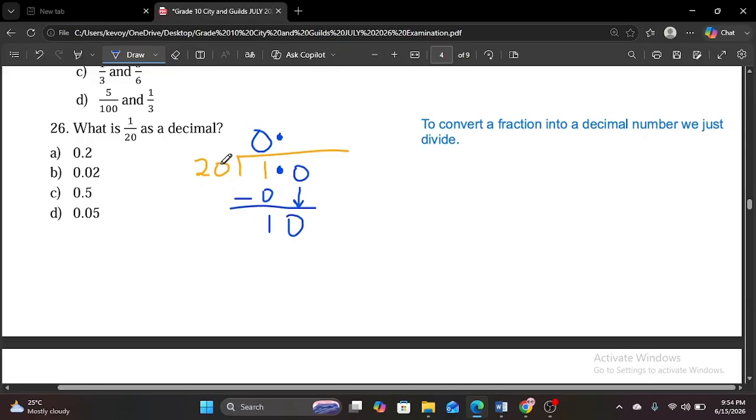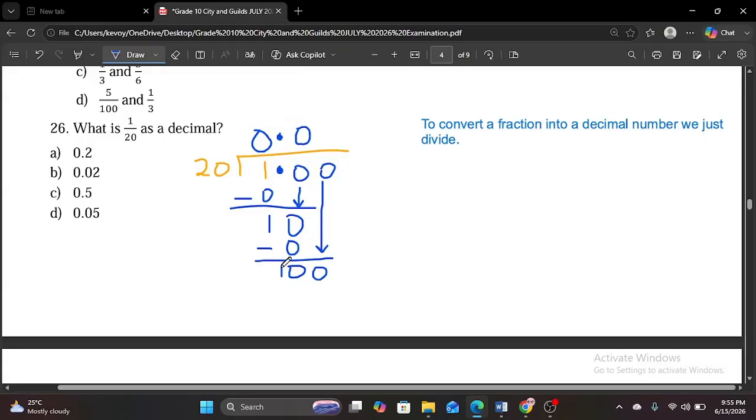After you bring down, you repeat the steps. You go all the way back to divide. 20 divided by 10, you can't. So 0 times 20 is equal to 0. After you multiply, you subtract, so you'll have 10 remaining. After you subtract, you bring down. So you put a 0 right here and bring it down. That changes it to 100. We don't have to put in a decimal point, because you should only have one decimal point in your answer. That's the only thing that makes sense.